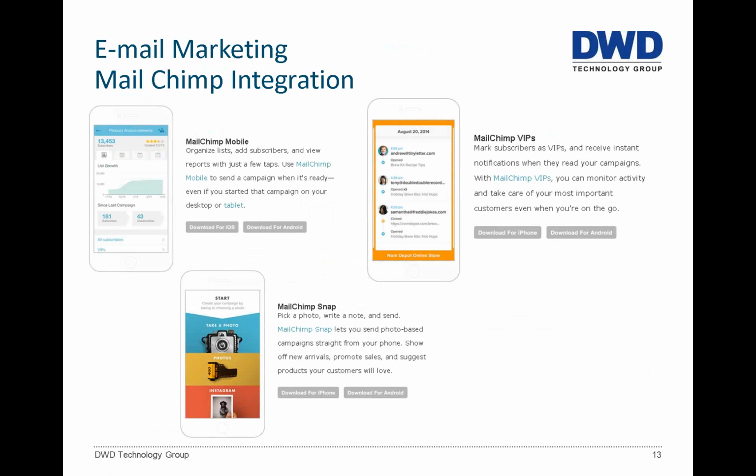They've got a mobile app with which you can constantly monitor the campaign you started to see how many have opened, clicked, etc. You've got what they call Mailchimp VIP, so you can have people marked so that if they open your email, it alerts you, and maybe you'll call them right away. There's a thing called Mailchimp Snap, where if you get something new in, you can send a photo-based campaign right from a phone. So Sage has shifted to Mailchimp to get a top-of-the-line email marketing tool integrated with their system. And that was a really positive change for them.